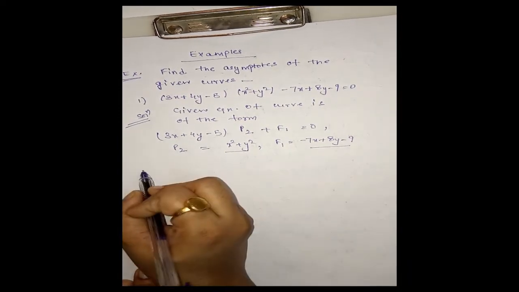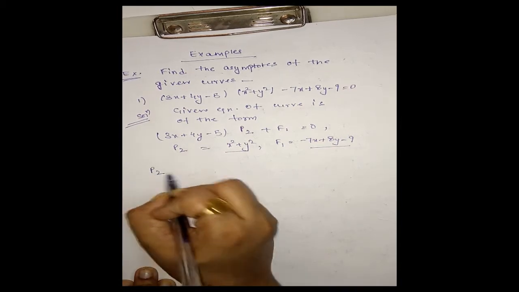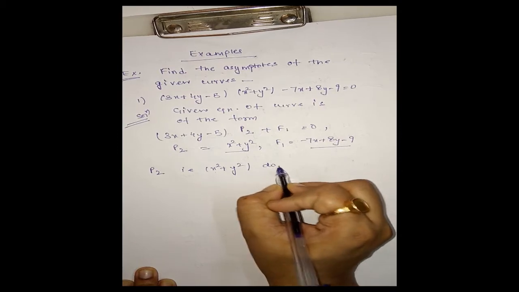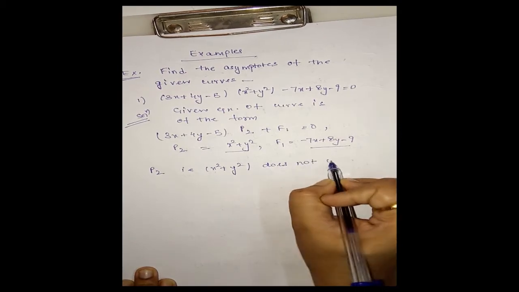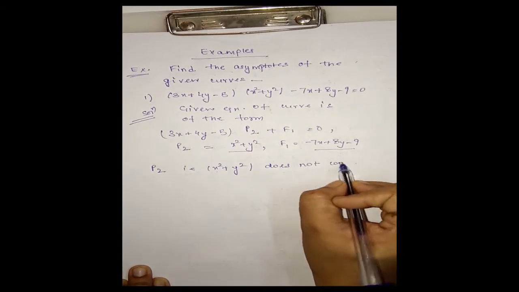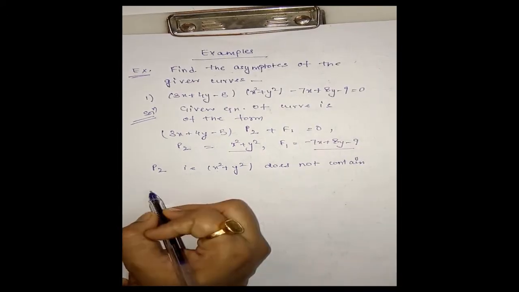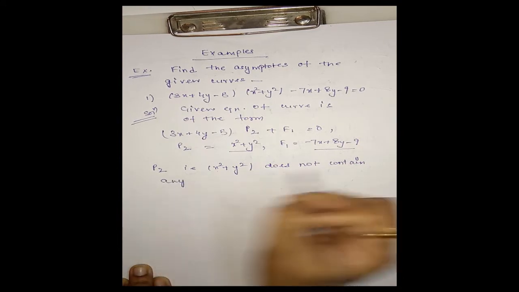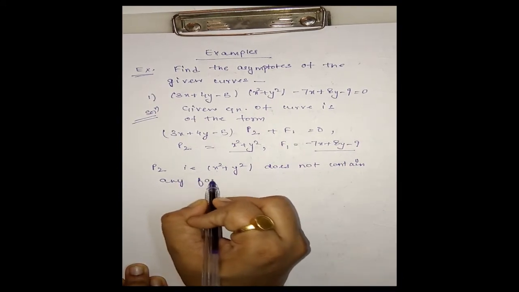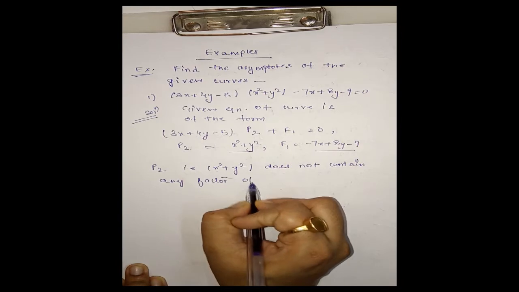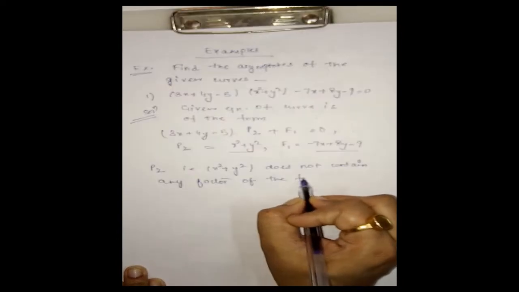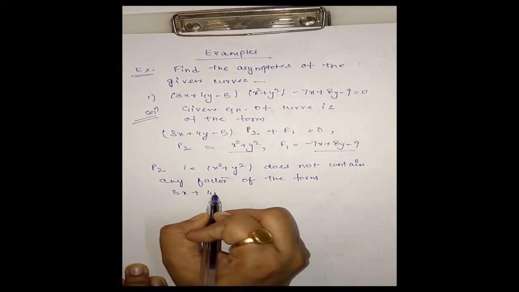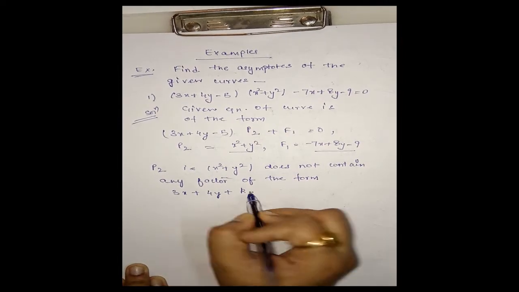Also, P_2, that is x^2 + y^2, does not contain any factor of the form 3x + 4y + k.